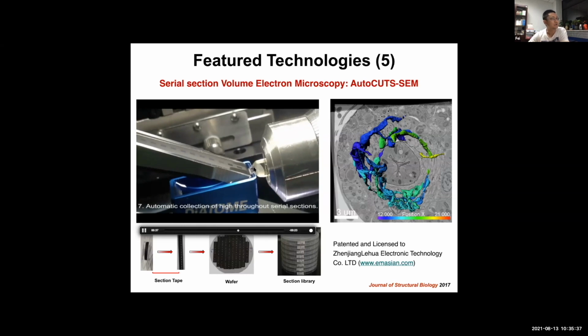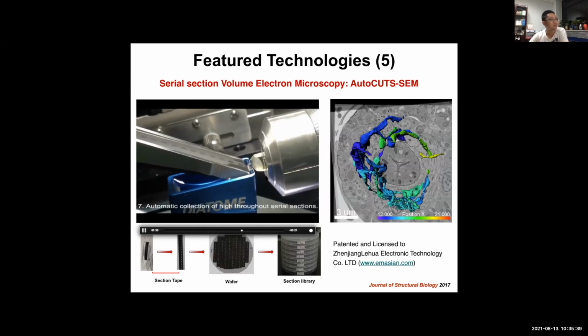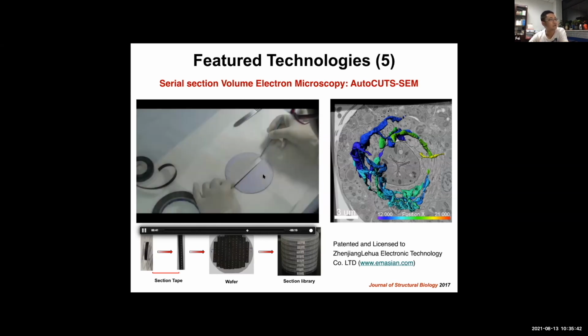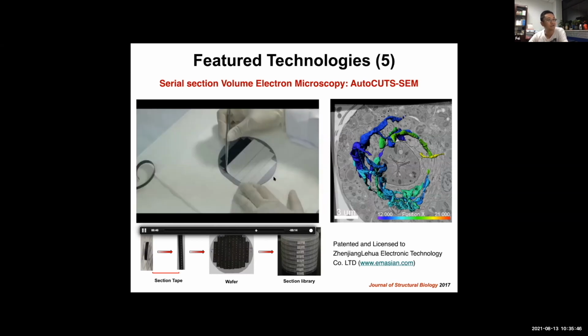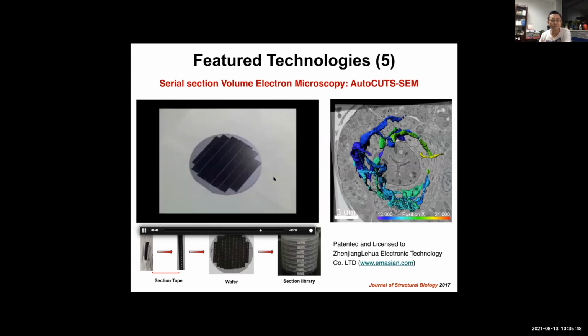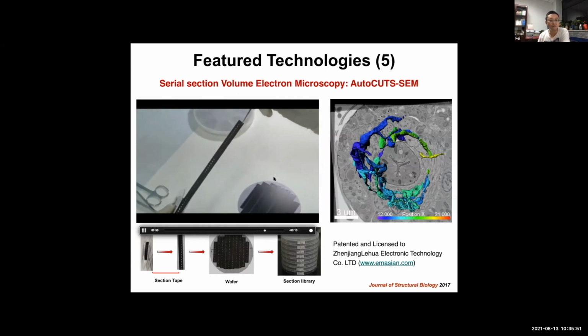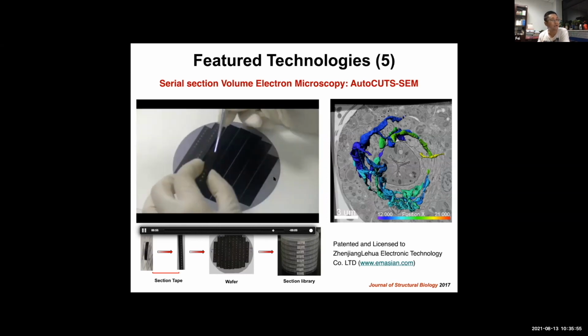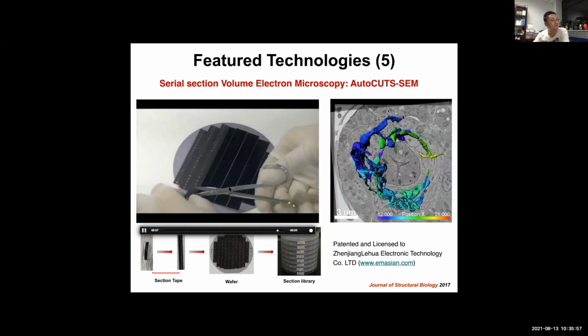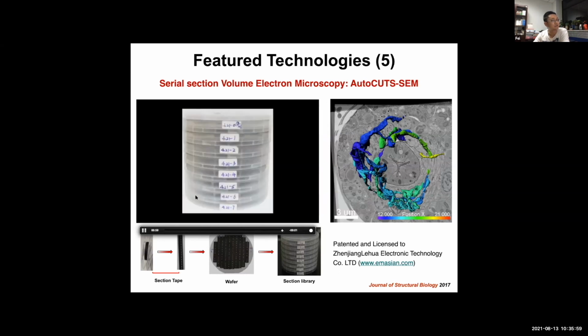Then we start the automatic section collection. So using this technology, we can collect serial sections automatically. Normally, we can collect 10,000 sections in one day. And after collection, we just cut the tape onto the wafer and put the wafer into the scanning electron microscope for the subsequent imaging.